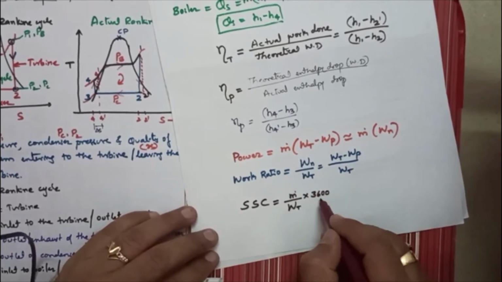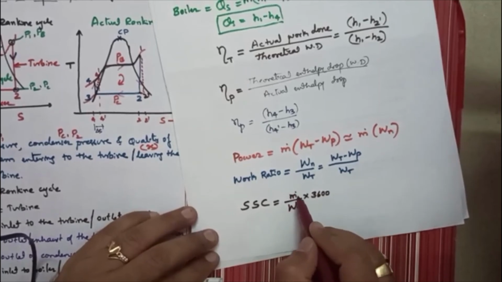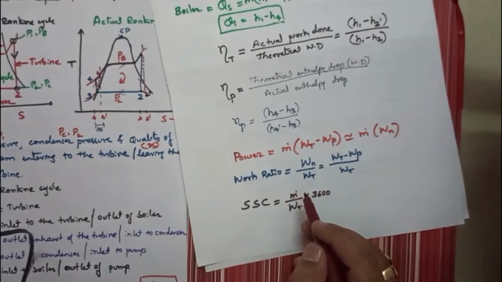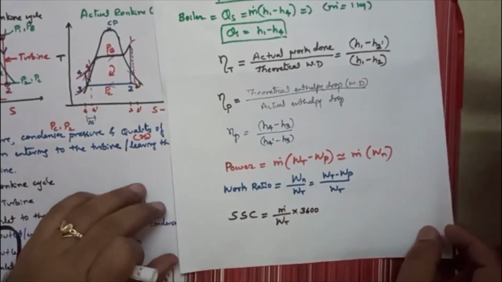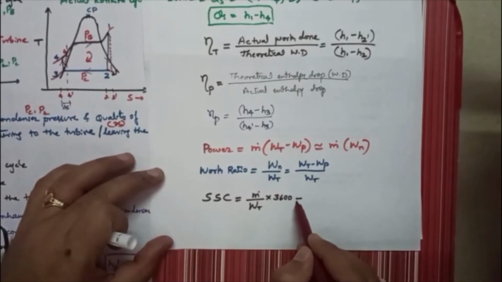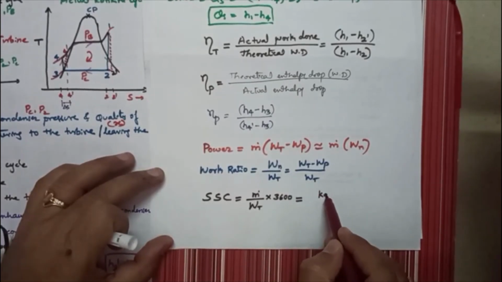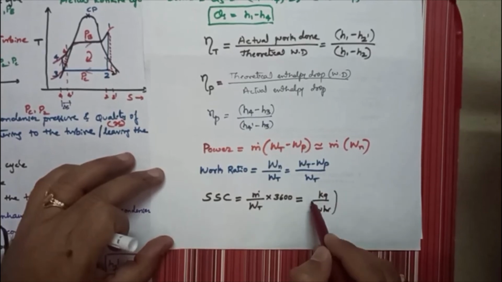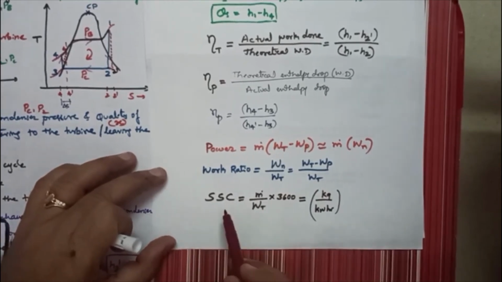Why 3600? Usually the mass flow rate of steam is in kg per second, so to convert into kg per hour, multiply by 3600. So the unit will be kg per kilowatt hour, the unit of SSC.